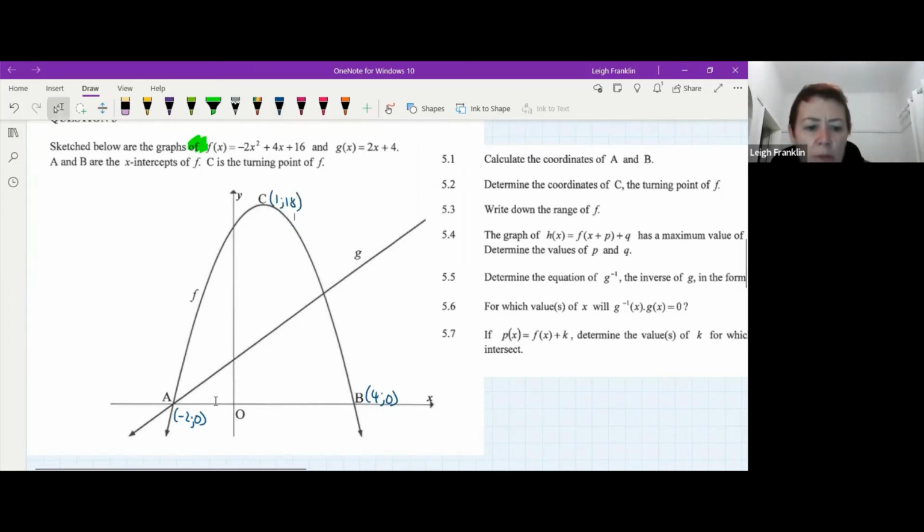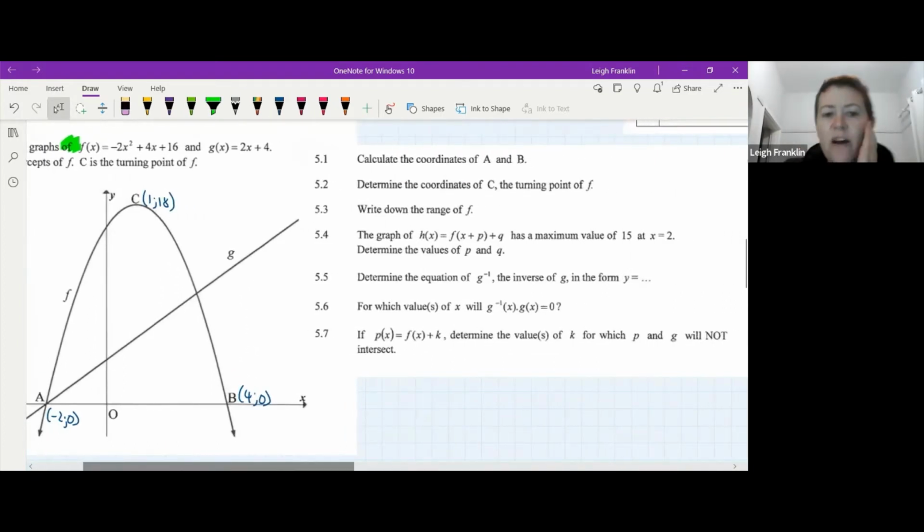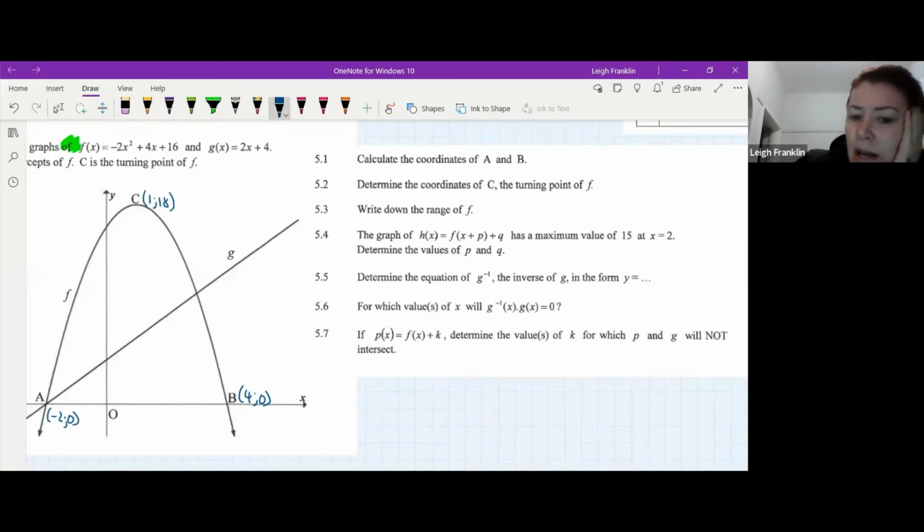Now, the trick always is to read things carefully. In question 5.4, it tells us the graph of h of x equals f of x plus p plus q, and it has a maximum value of 15 at x equals 2. What does that mean?